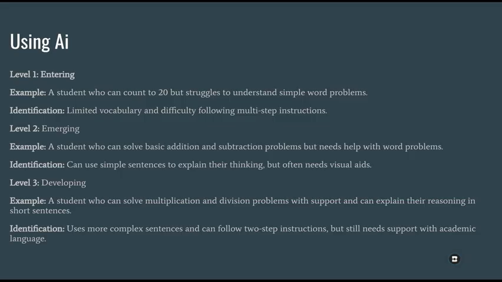Well, with that prompt, this is what came. So using AI, level 1 entering. Example, a student who can count to 20 but struggles to understand simple word problems. So it actually gives you a window of what the student might be able to do.